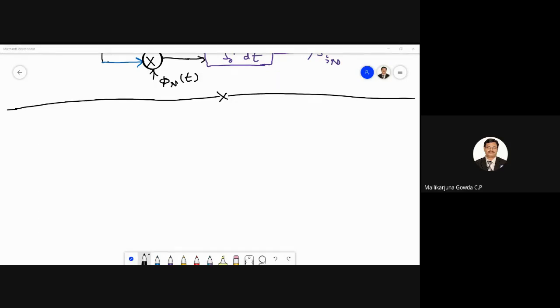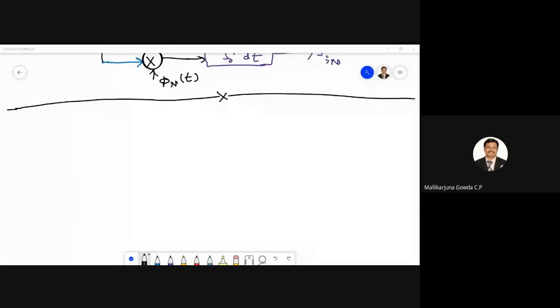As I said, Si is a signal vector. It can be considered as a point with coordinates Si1, Si2, and so on up to SiN in an n-dimensional Euclidean space.